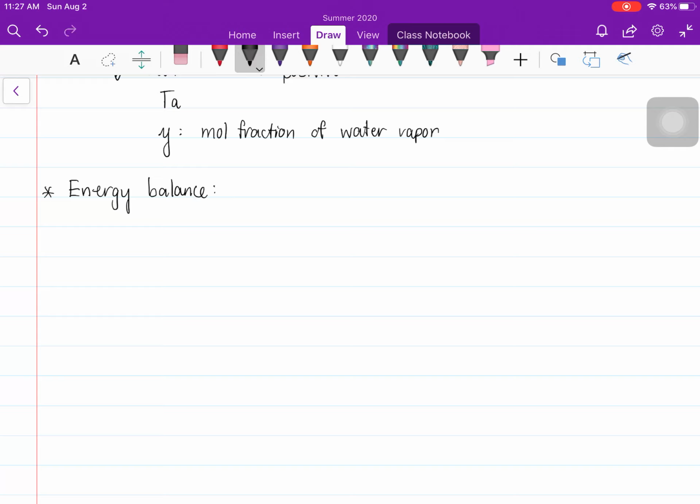Okay, so let's zoom in on the interface between water and air. So here we have water, here we have air. Right here at the interface, we will have the concentration of water, and here we are going to have the concentration of water as Cw infinity.